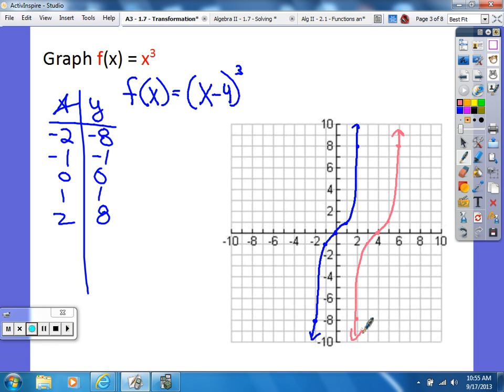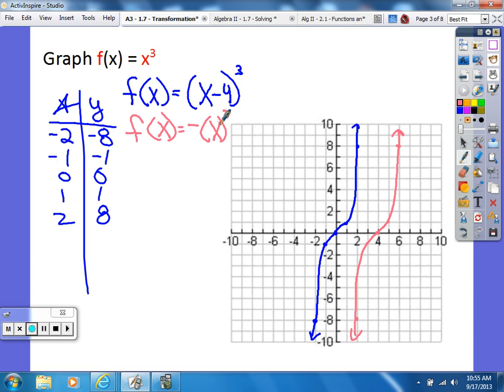So let's do another one. Pick up a new colored pencil for this one. F of x is equal to negative x cubed.